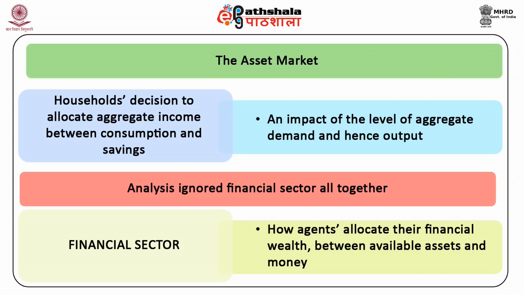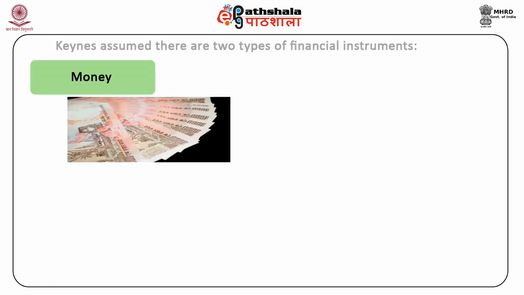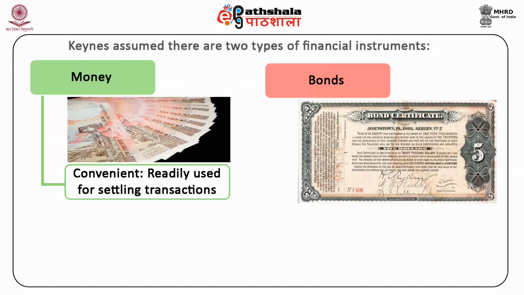Keynes, in his analysis, assumed that there are only two types of financial instruments, namely money and bonds, non-monetary financial assets. Holding money is convenient as it can be readily used for settling transactions.